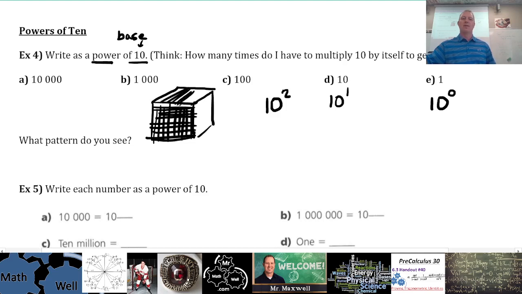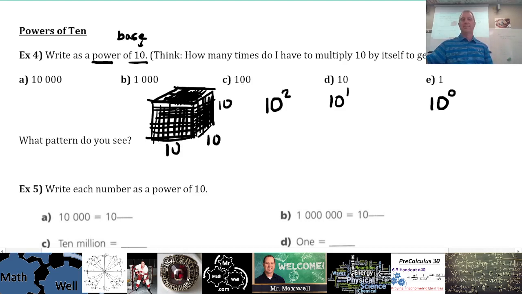I do 9 lines because there's a space on the left side of each line, plus there's a space on either side of the last line, so that's what makes 10, right? So if we could envision this cube, that's 10 by 10 by 10, and that would be 1,000 little blocks in there.